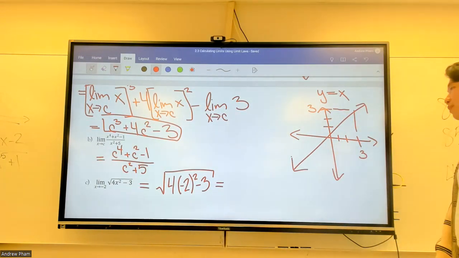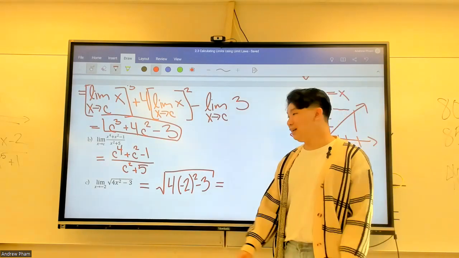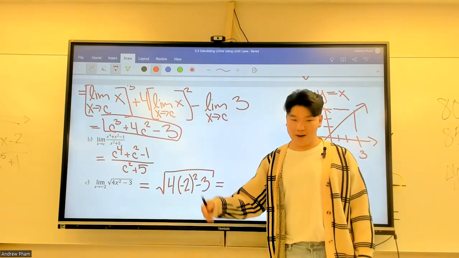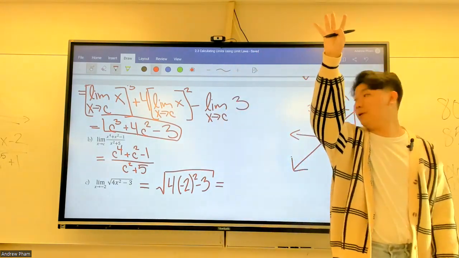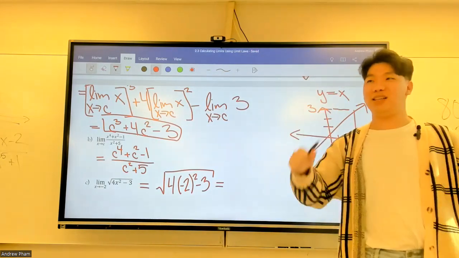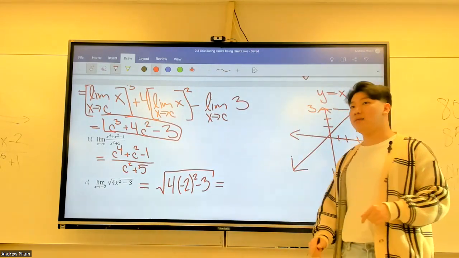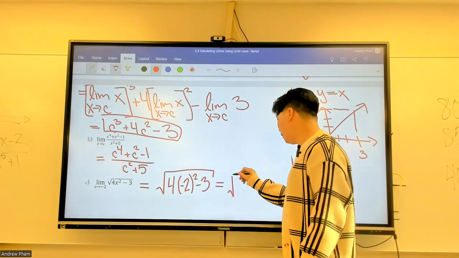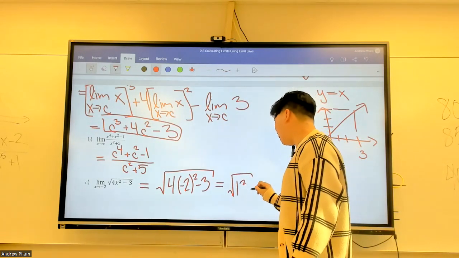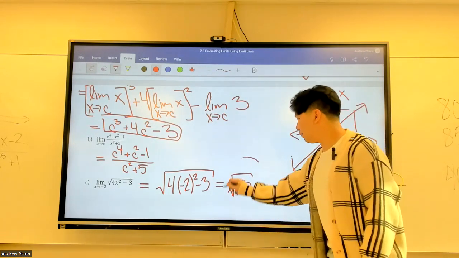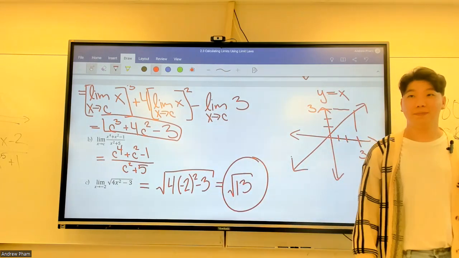All right, so we can do this calculation very quickly. -2 squared, I get 4. 4 times 4, I get 16. 16 minus 3, I get the square root of 13. We're done.